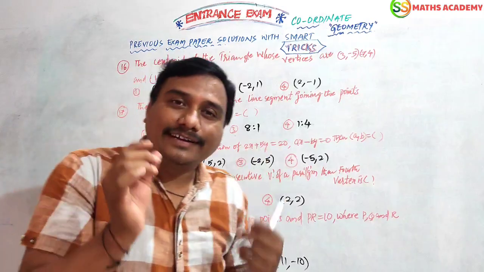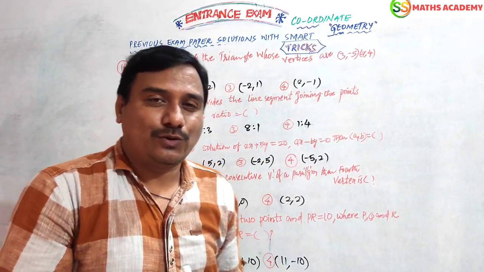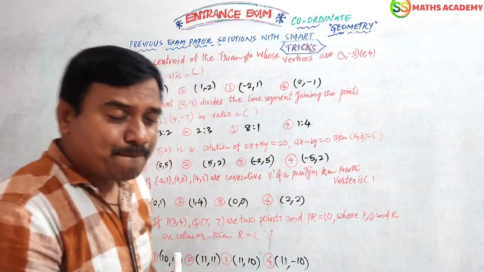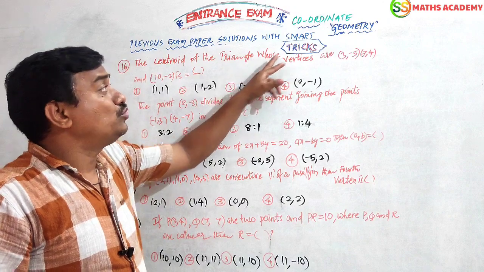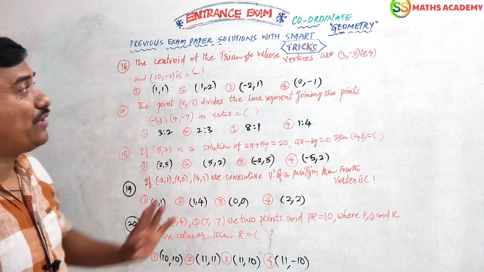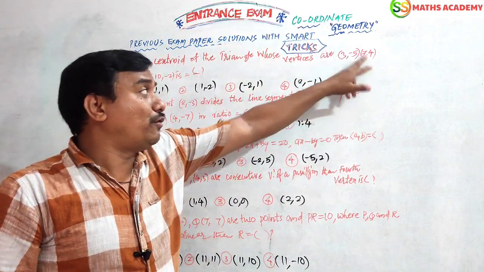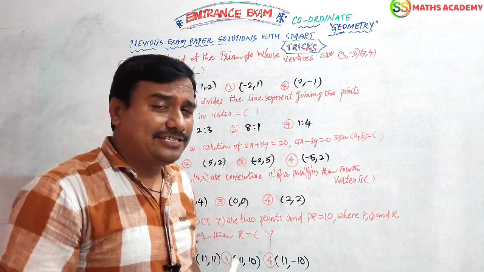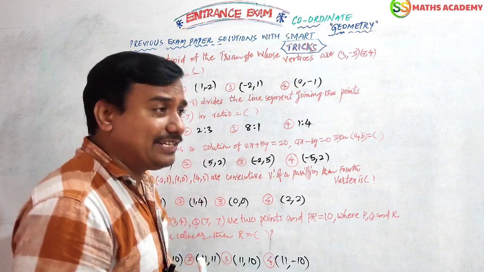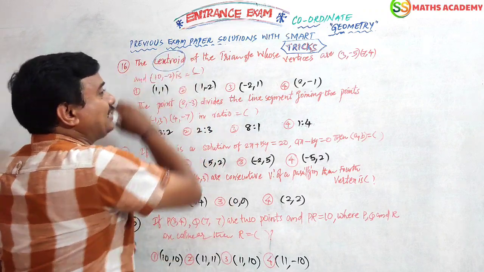Full syllabus. Dear students, now let us see the last 5 questions. Some very interesting questions are there. The centroid of the triangle whose vertices are (3, minus 5), (minus 7, 4) and (10, minus 2) is. What is the keyword, dear friends? Yes, you are right, that is centroid. What is the centroid formula?